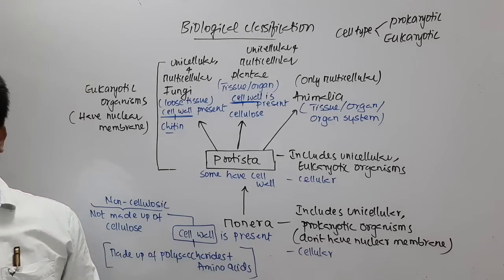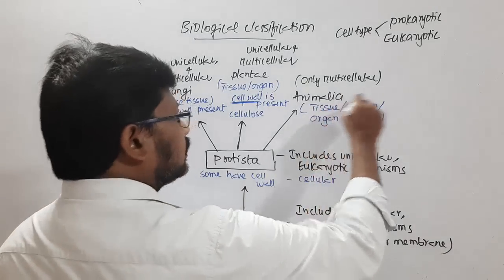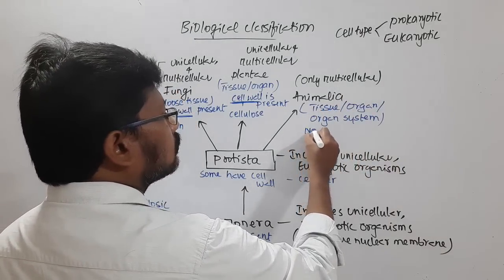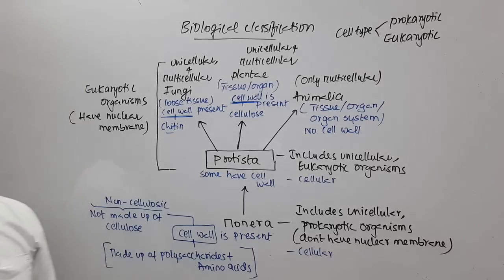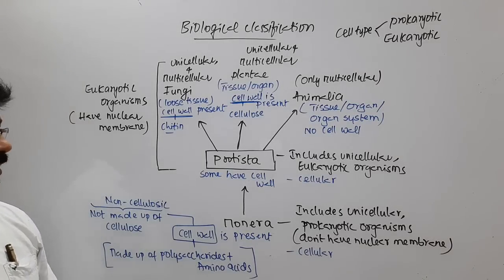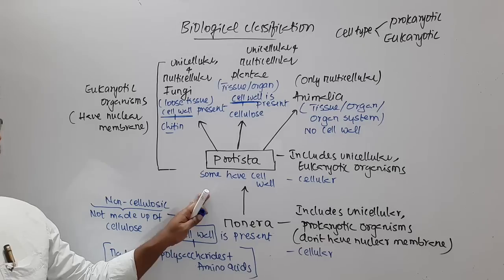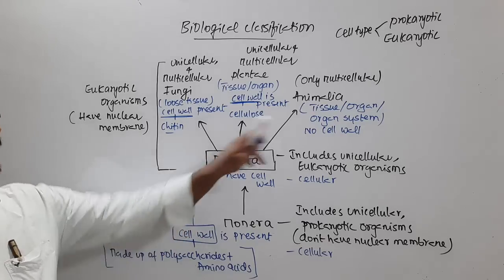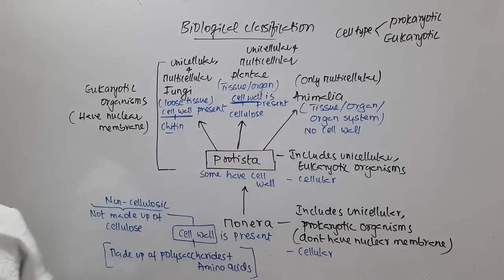And coming to the group Animalia, this is the only group where we don't find cell wall. Out of 5 kingdoms, 4 kingdoms have cell wall, and the only kingdom that doesn't have cell wall is kingdom Animalia.